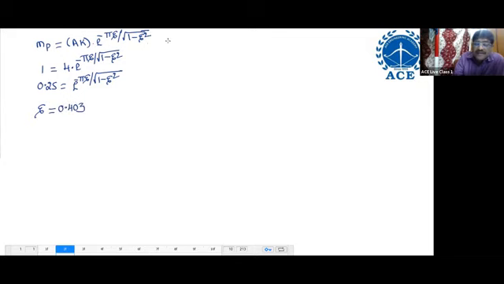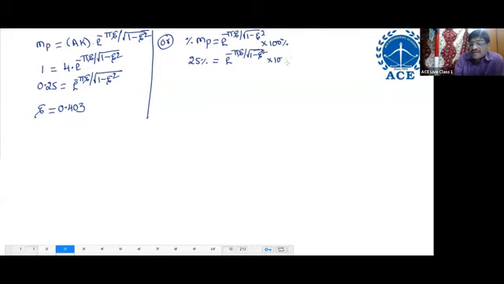If you use percentage of MP, it means the same. Percentage of MP equals e power minus pi zeta divided by root of 1 minus zeta square into 100%. Percentage of MP is 25%.